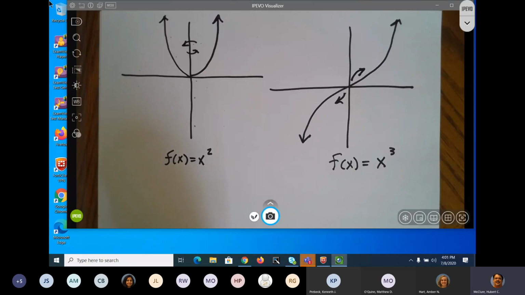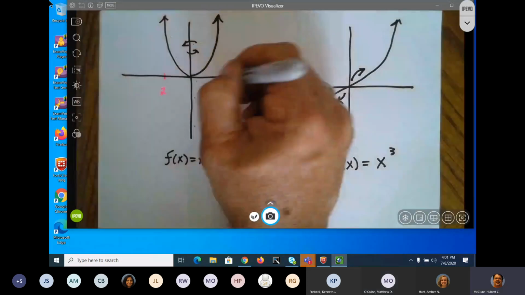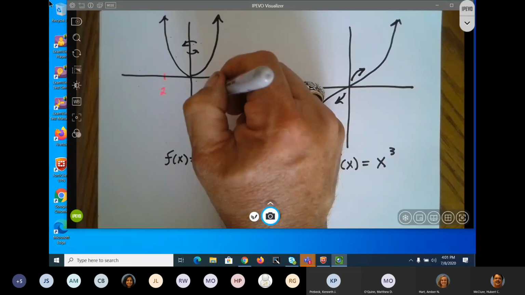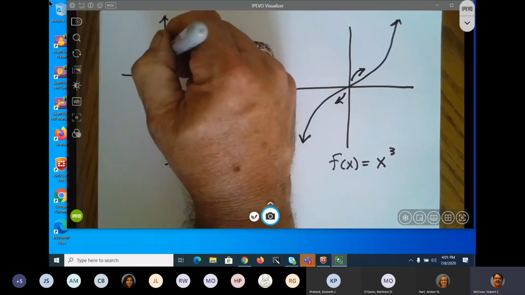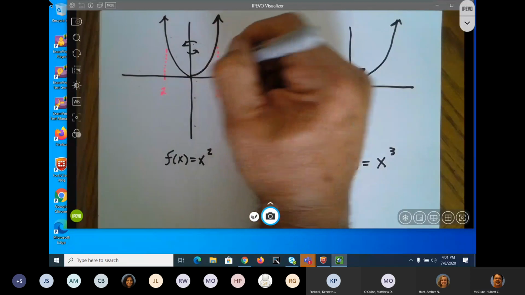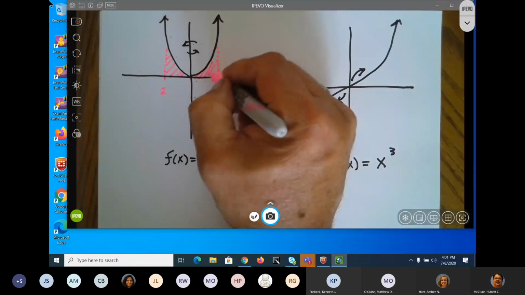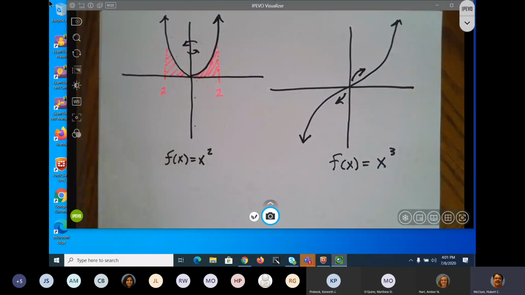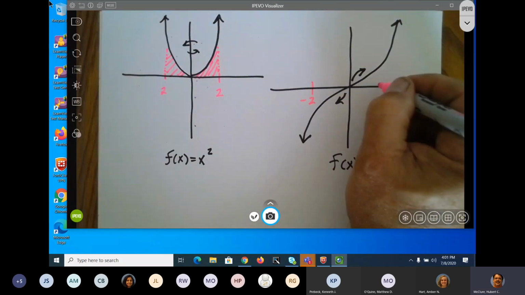Because if I ask you to give me the area from -2 to +2 under the curve, there's two ways to do it. And I'll do it over here too. -2 to +2.